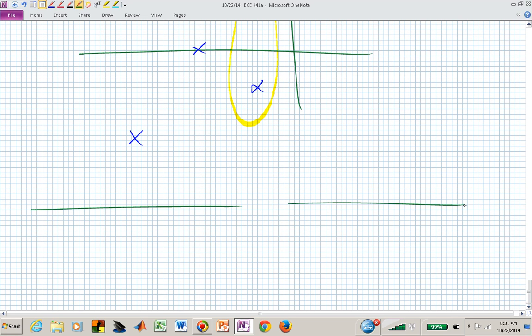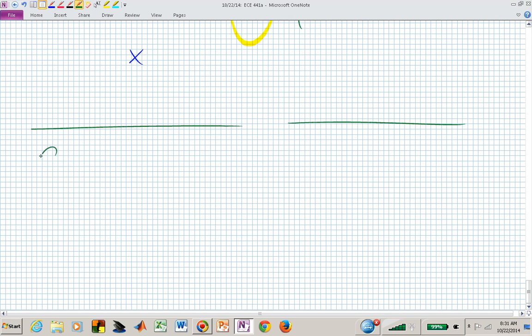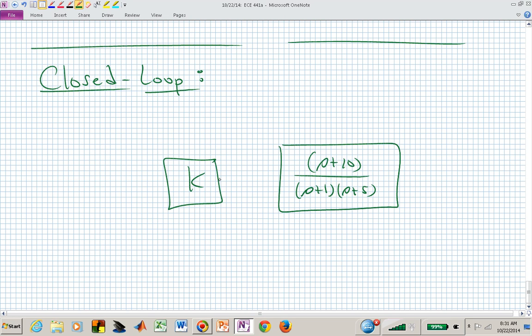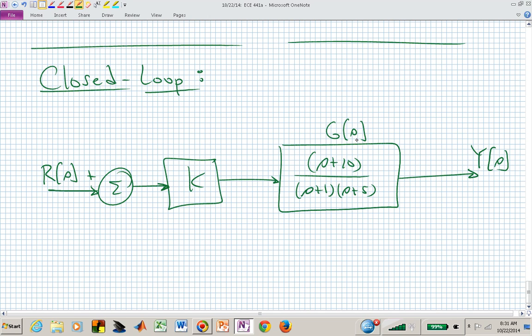Let's now, since the open loop didn't work, let's look at the closed loop scenario. We have our gain K, we have our system G. This is what we had before.